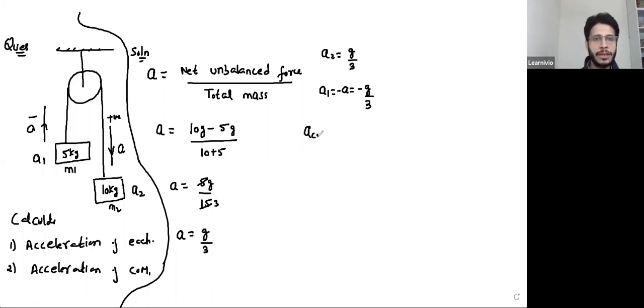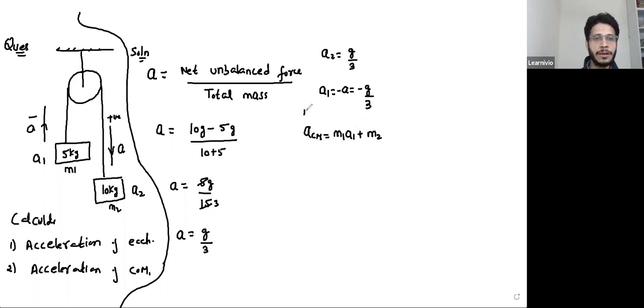You can calculate the acceleration of center of mass as m1a1 plus m2a2 divided by M, where M is nothing but m1 plus m2. That is the formula you will use to calculate the acceleration of center of mass.